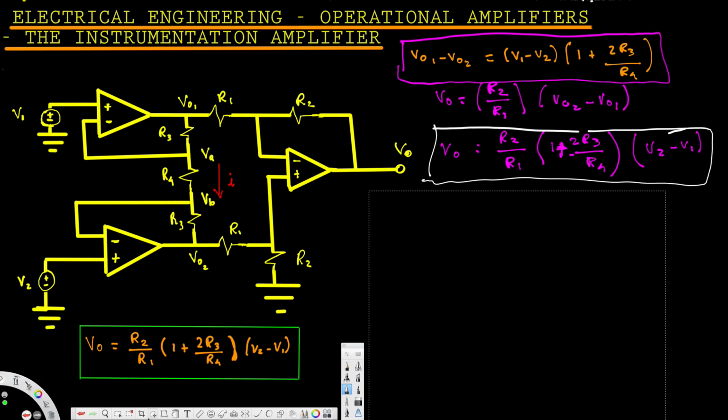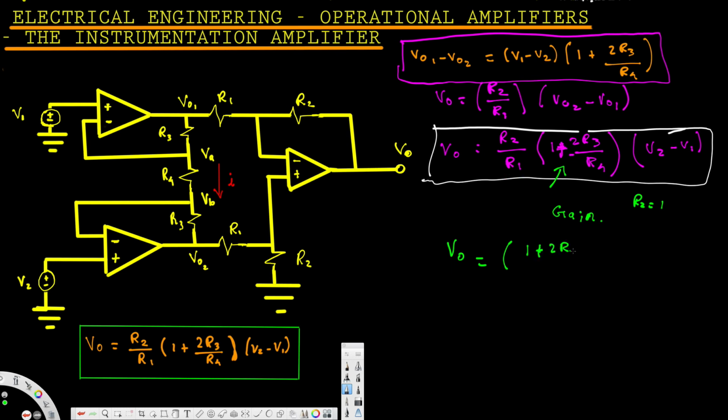For example, we can call this one the gain. Okay, this is the gain. And also, if R2 is equal to R1, we can express this equation as VO is equal to 1 plus 2R3 over R4 times (V2 minus V1), because this ratio is going to be 1, and this part is the gain.